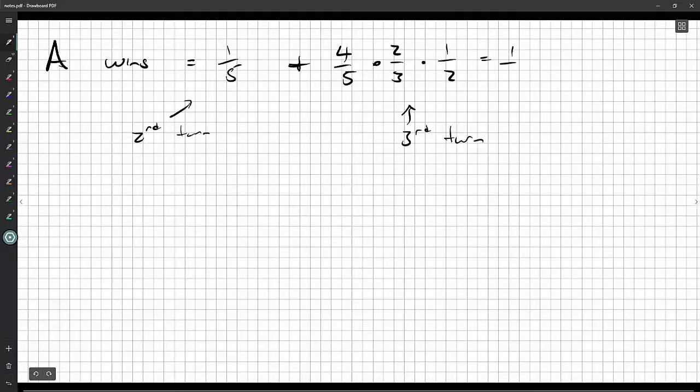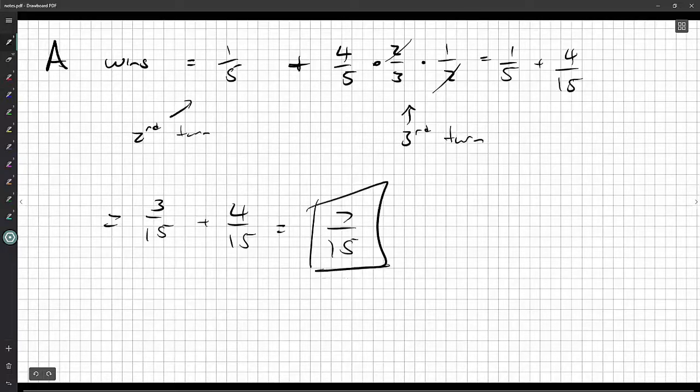Okay, so this is 1/5 plus 8 over 30. Well, the 2's cancel out, so 4 over 15. That'll be 3 over 15 plus 4 over 15. So it's a 7 over 15 chance that Amir wins.